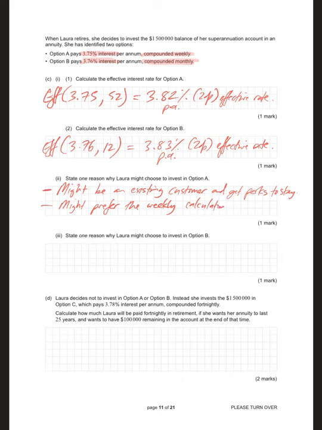It's pretty weak, that one. Really, it's probably going to be the first one.